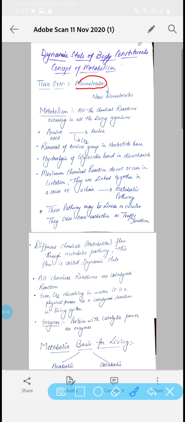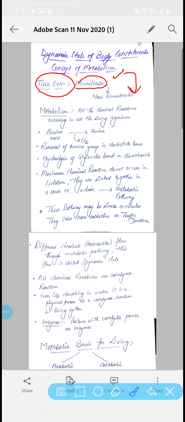What happens is that these biomolecules show a process called turnover. Now what is the meaning of the word turnover? Turnover means that the biomolecules are constantly changing from one form to another form. In simple terms, the simpler biomolecules combine to form complex biomolecules, or sometimes the complex biomolecules break down into simpler biomolecules.